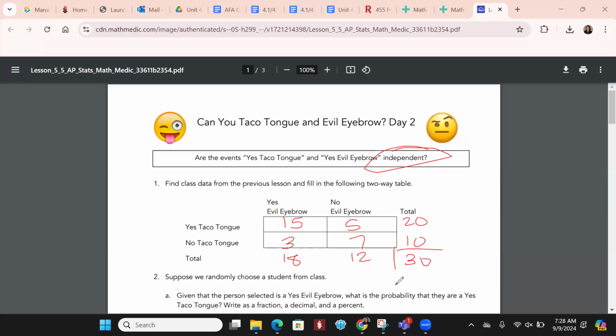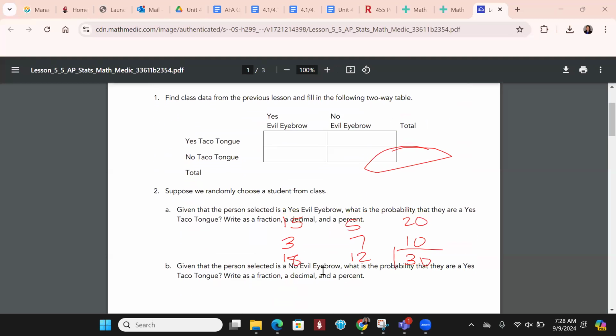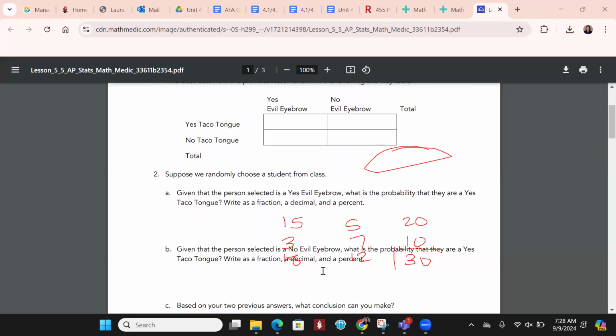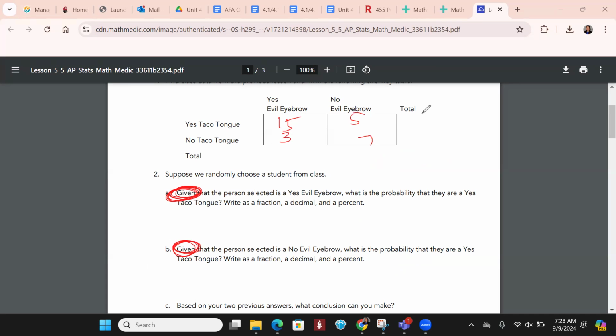Suppose we randomly choose a student from class. Given that the person selected yes, evil eyebrow, what is the probability that they are yes, taco tongue? This word given is really, really important.